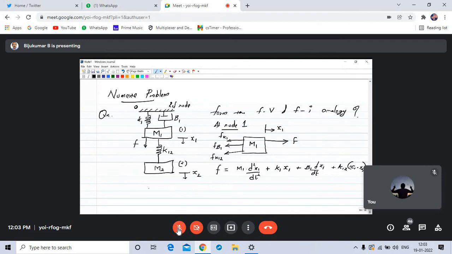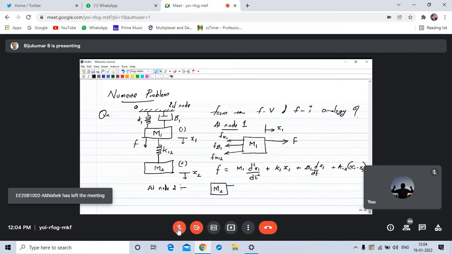So if we apply the same principle at node 2, how can we write it? Are you understanding or not? How will you write the node equation at node 2? Is there any applied force on that mass? No, sir. So there is no force.